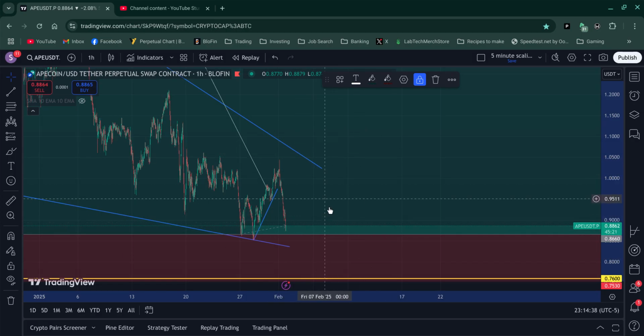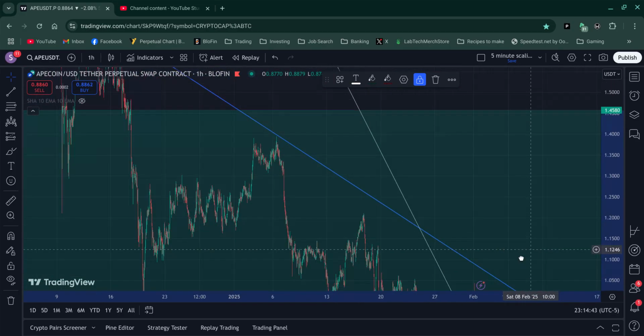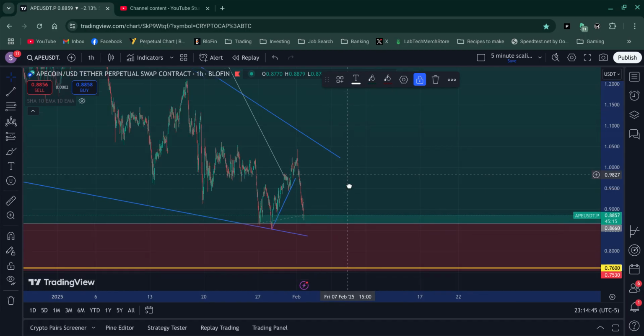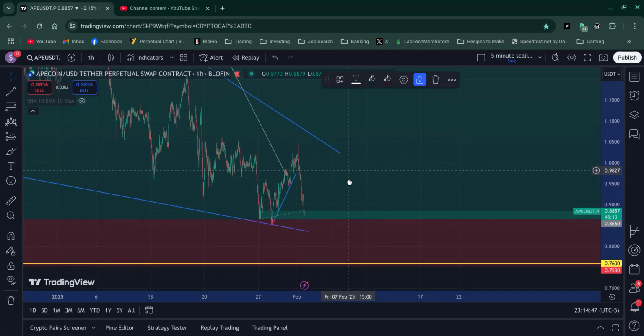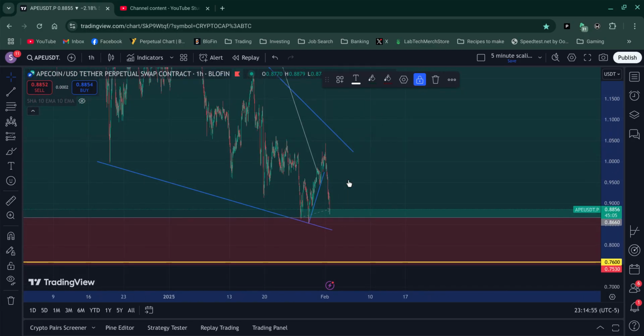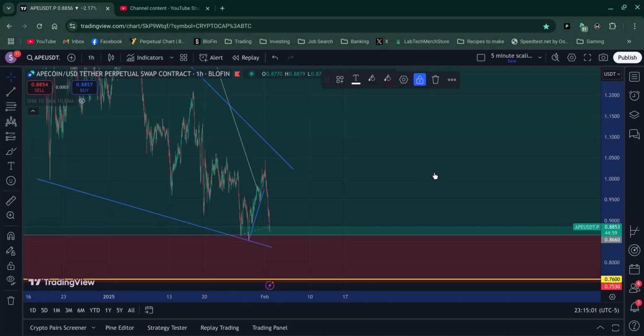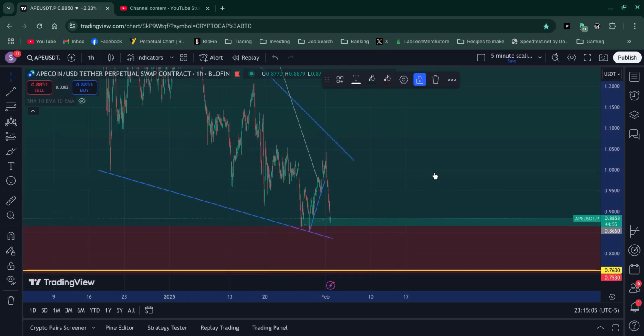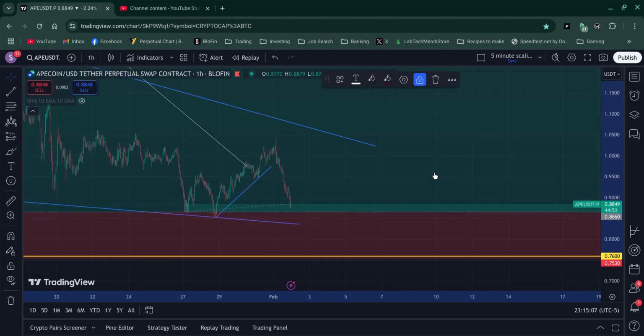And so if you were looking to start a swing long, this would not be a terrible place to do it, or if you just want to buy in spot and would like to buy some Apecoin at a relatively cheap price. It is approaching its historical lows right now, its area of support. So if you just got a bag of Apecoin, or you're looking to create a bag of Apecoin in spot, now would not be a terrible time to go ahead and buy a little bit of it.